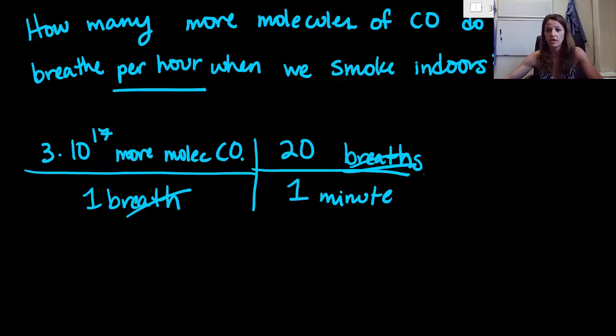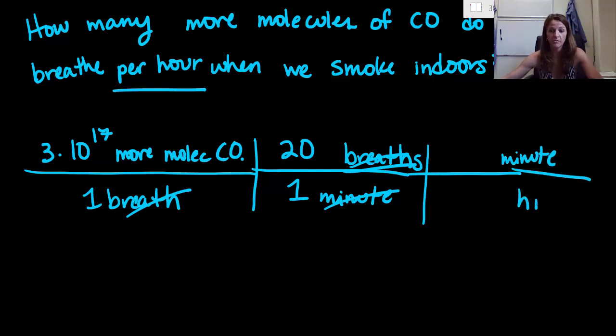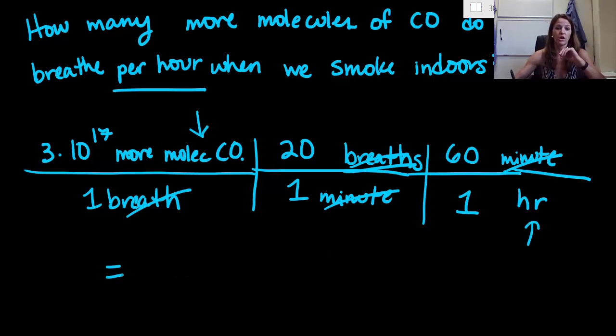So we're going to continue on. Minutes at the bottom, we're trying to get rid of minute, so in order to do that, we have to have minute on the top. We're trying to get to hour, so hour has to be on the bottom here. So our minutes are going to cancel out, minute on the top, minute on the bottom. We're left with hour here. We know that there are 60 minutes in every 1 hour, and so now if we look at our entire units, we see that we have molecules of carbon monoxide on the top per hour. So all we have to do is actually solve this expression.